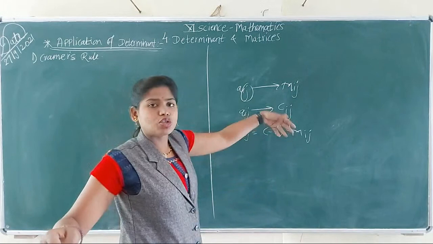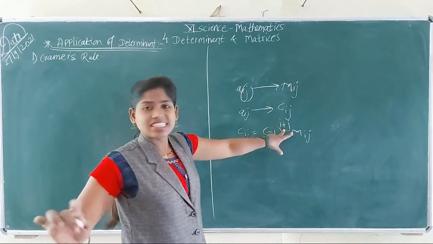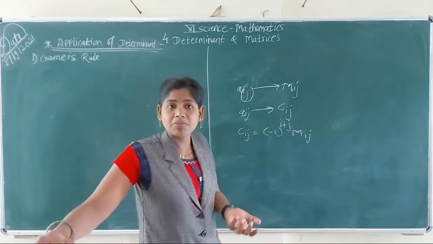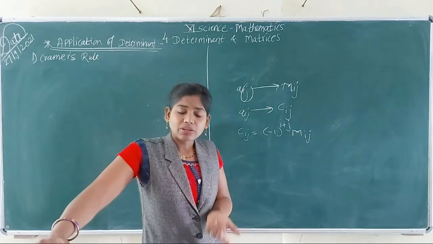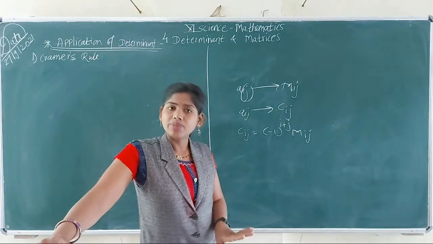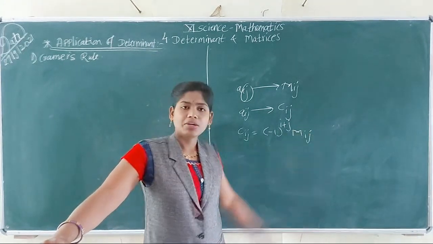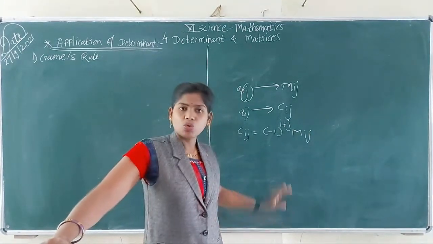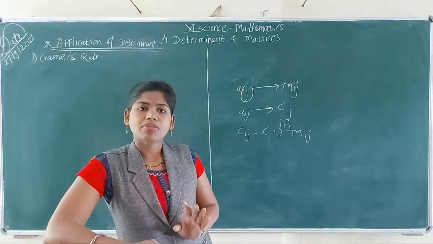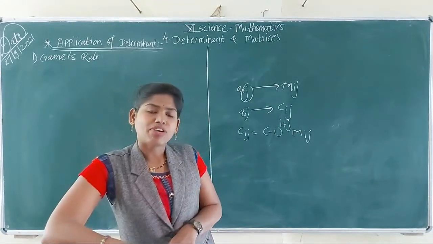When this sum i plus j is an even number, then (-1) raised to that sum will be 1, and if it is an odd number, then it will be -1 into the corresponding minor. So we obtain all these minors and cofactors for any determinant. कोणत्याही determinant चे minors and cofactors obtain करता येईल.